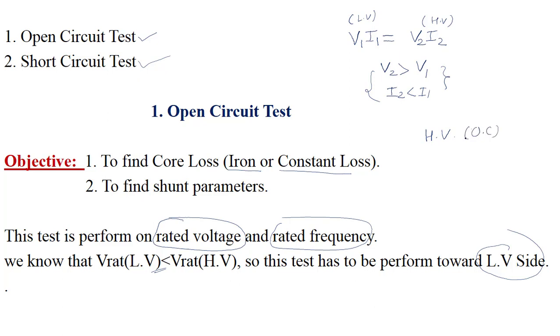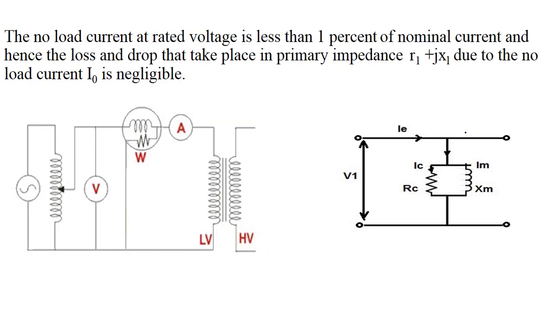Okay, so let us come to the next slide. The no load current at rated voltage is less than 1% of the nominal current. Because we are performing this test at rated voltage and no load condition, that is, the high voltage side is open circuited and the low voltage side is at rated voltage, only I0, that is the no load current, will flow. IM is the magnetizing current component and IC is the core current component going through RC.